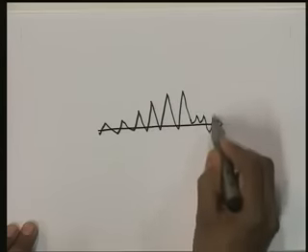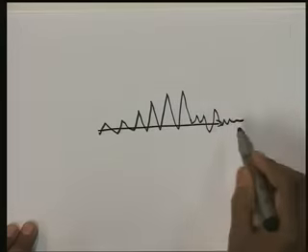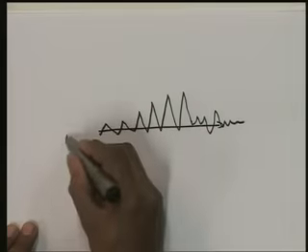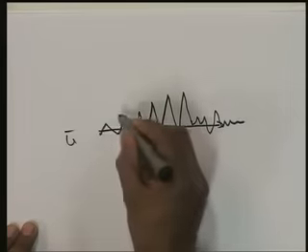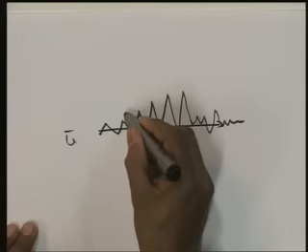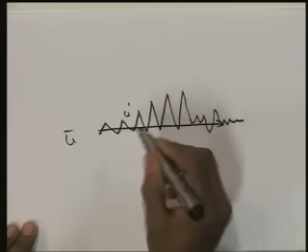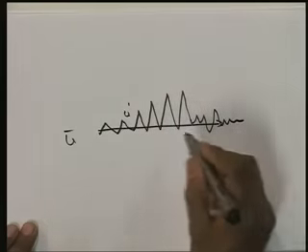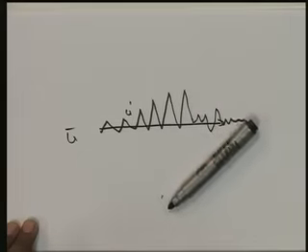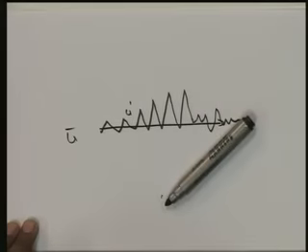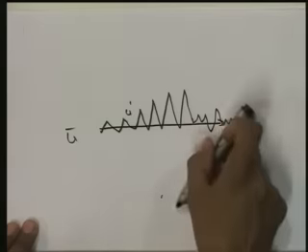That means we can consider a mean component of the velocity u bar, and then with respect to that mean component we can see what are the changes u dash that take place.